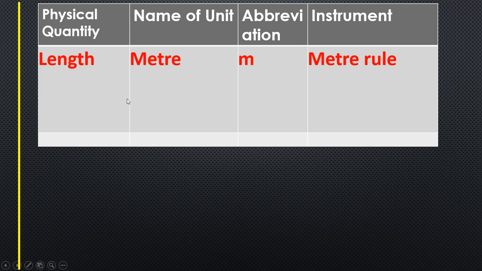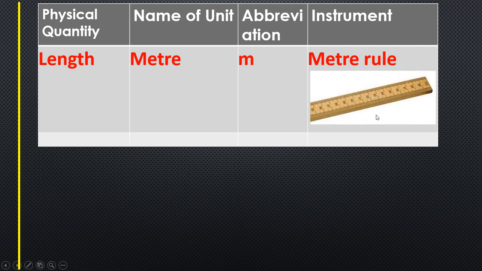Another physical quantity is length, whose SI unit is the metre. Note here, metre, M-E-T-R-E, and the abbreviation is small letter m. So many things can measure length, but I just give you one of them, like a metre rule.